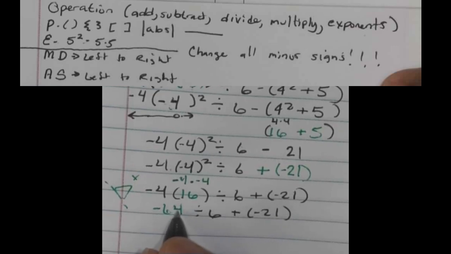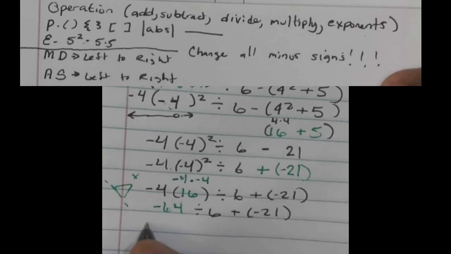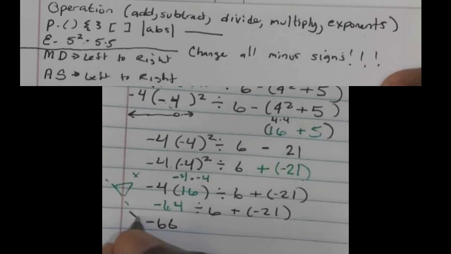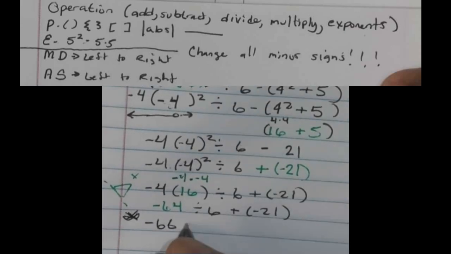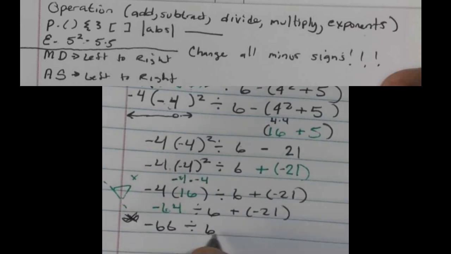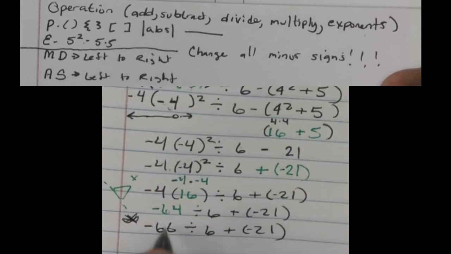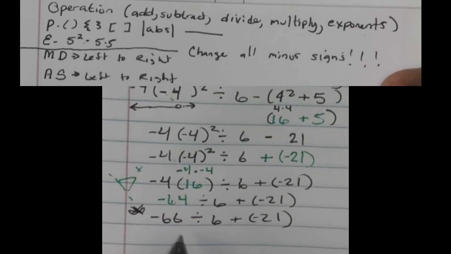So if it was 66, you divide first, and then you add, subtract. It'll be 2 negatives. Alright? So we're gonna pretend right now that it said negative 66. Put a little star beside it, because I ain't gonna give you no decimal. Negative 66 divided by 6 plus negative 21. Let's just pretend like that was negative 66. Put a little star. We edited it.